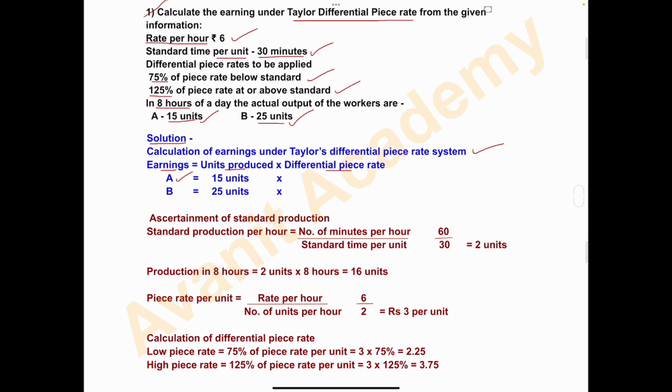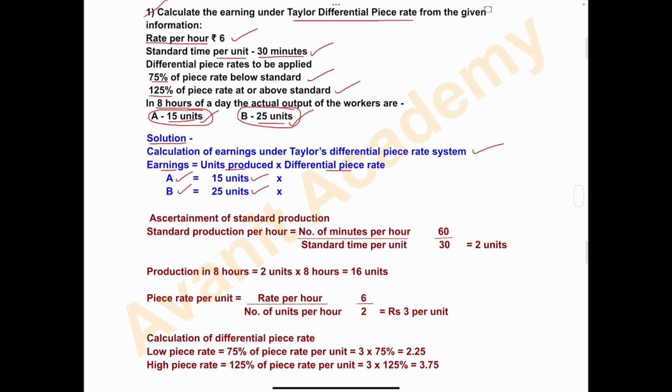Clearly given in the problem, Mr. A 50 units. So write here 50 units into differential piece rate, this one we have to find out. Next is Mr. B. Mr. B has produced 25 units. So write here 25 units into differential piece rate, which we have to find out.